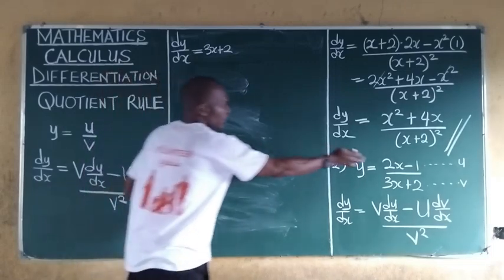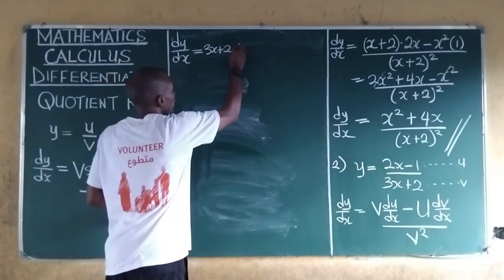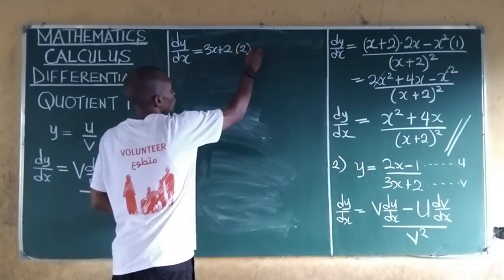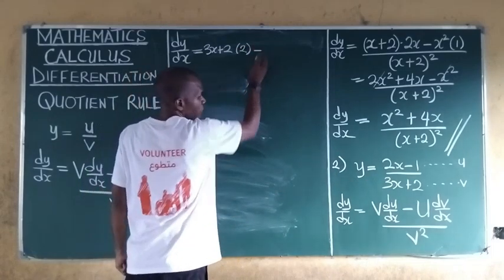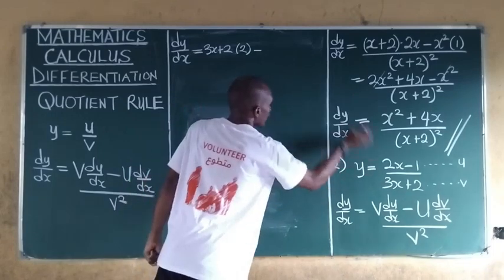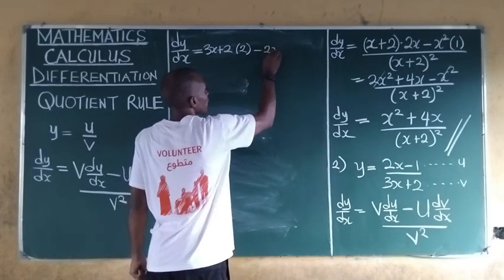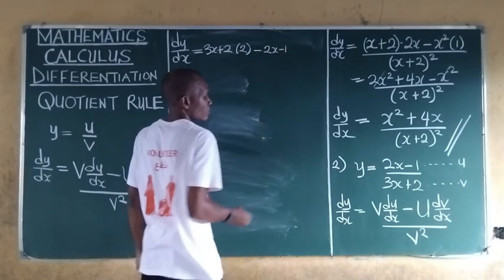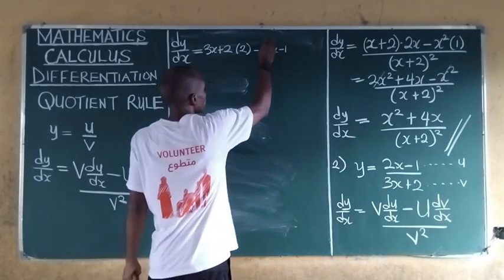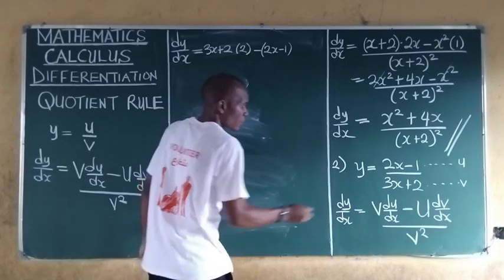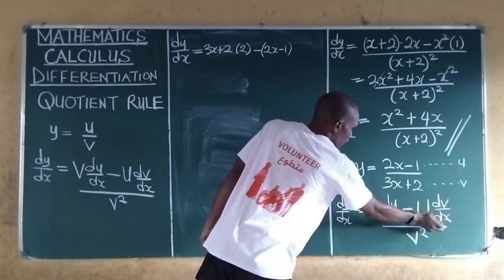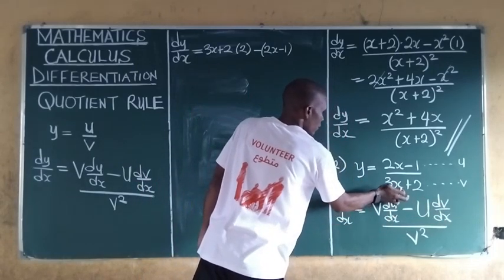If we differentiate this with respect to x, we have multiplied by 2, minus u. We bring down u, which is 2x minus 1. Also, we differentiate dv over dx.